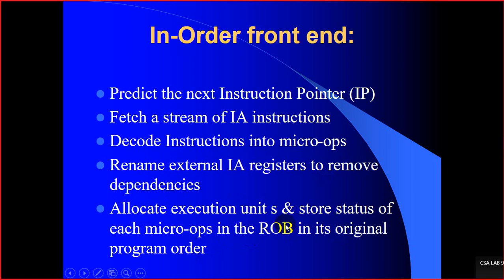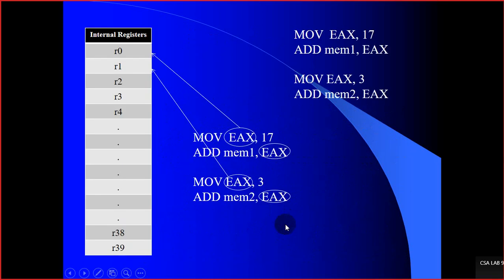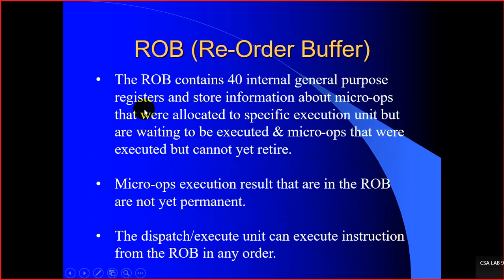So what is the reorder buffer? The reorder buffer contains 40 internal general purpose registers and stores information about micro-ops that were allocated to a specific execution unit but are waiting to be executed, and micro-ops that were executed but cannot yet retire. Micro-op execution results that are in the reorder buffer are not yet permanent.